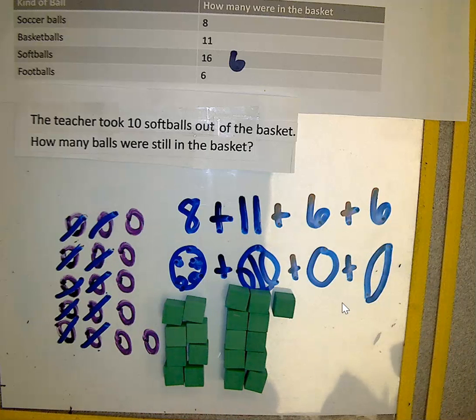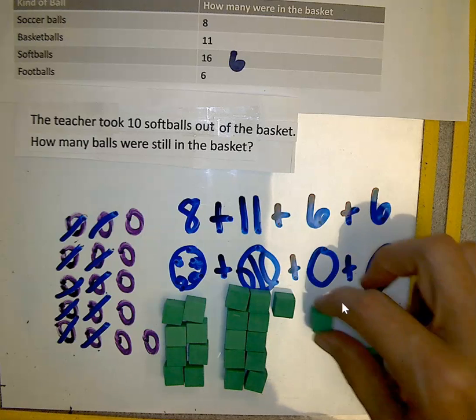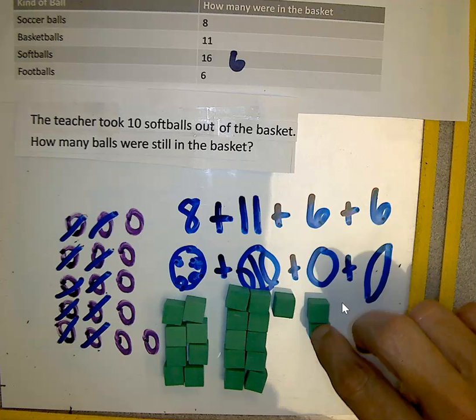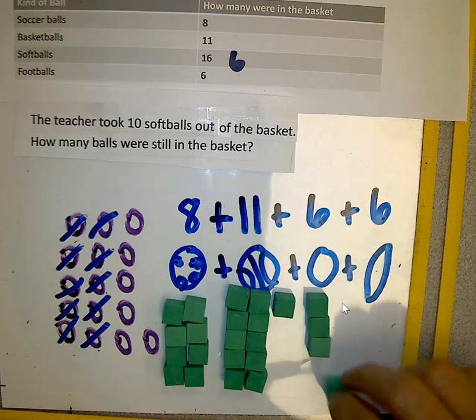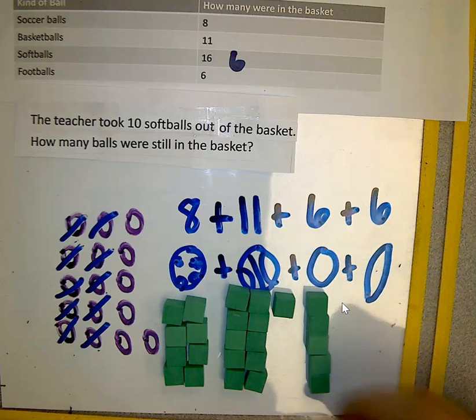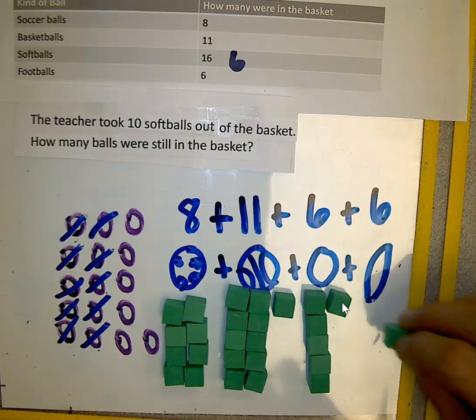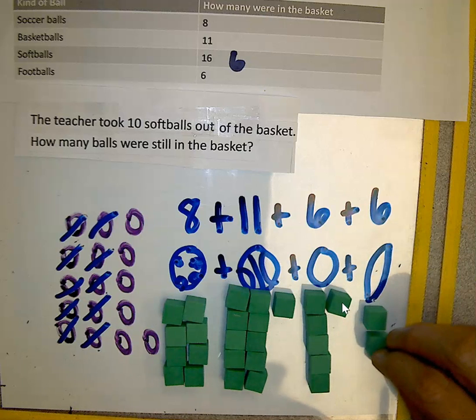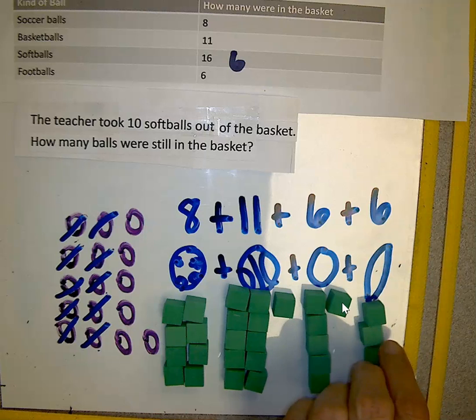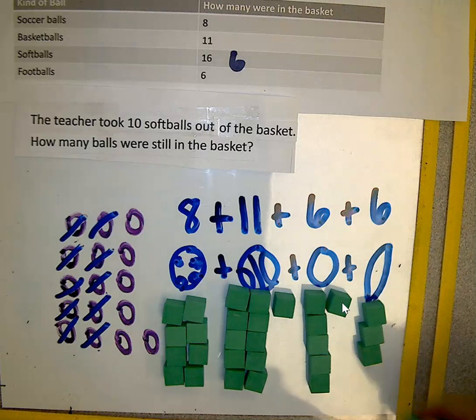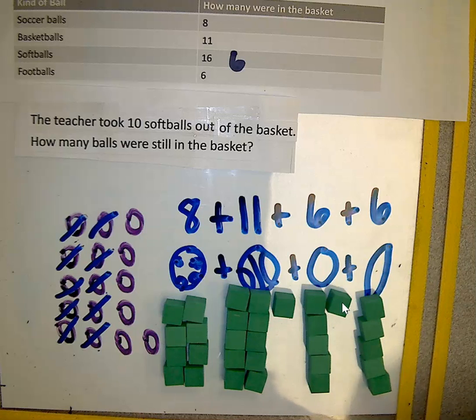Now let's represent the 6 softballs. 1, 2, 3, 4, 5, 6. And we have 6 footballs. 1, 2, 3, 4, 5, 6. Very good.